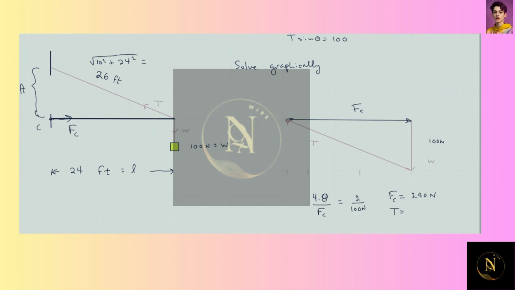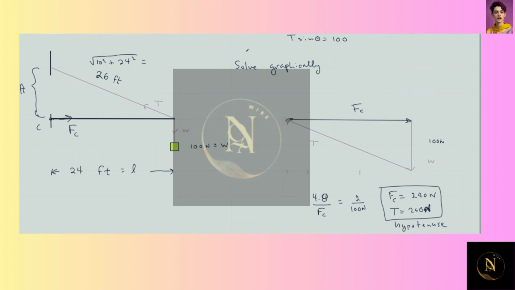But I'm getting it about 260 newtons, which makes some sense because we can correspond it to the hypotenuse as 26 feet. So this should be 260 newtons. Okay, so we have our compressive force and we have our tension from this little picture, and it kind of helps us see what's going on.